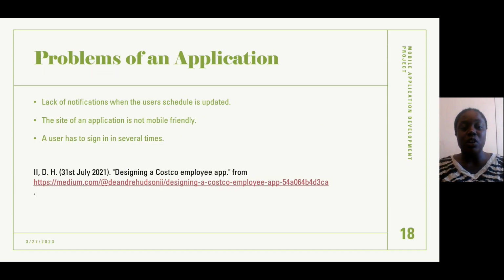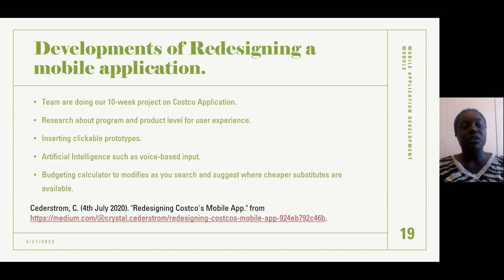What are the problems of the application? Three main problems are lack of notifications, the site of the application is not friendly, and the user has to sign in several times. What are the developments of redesigning a mobile application?